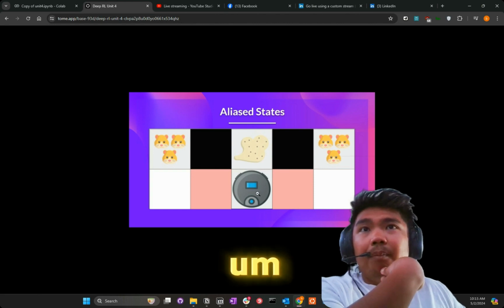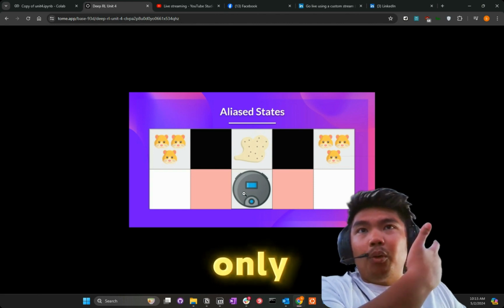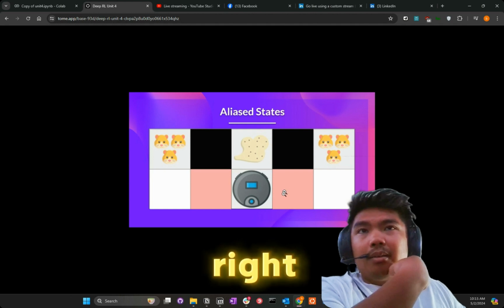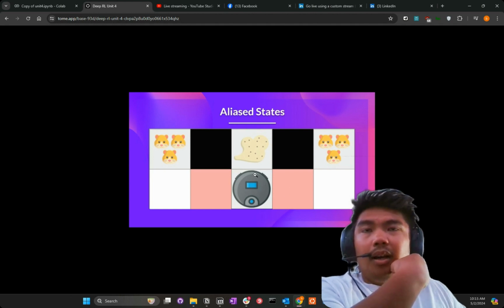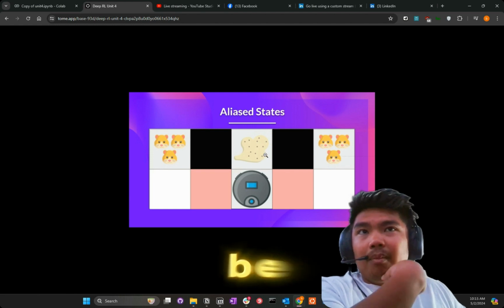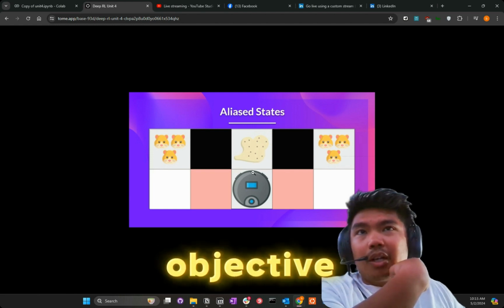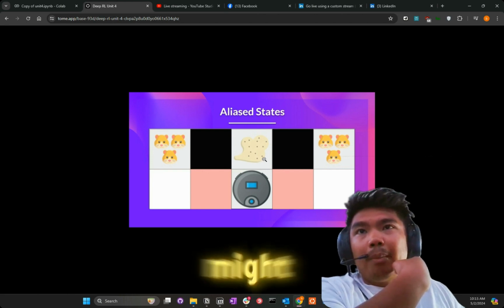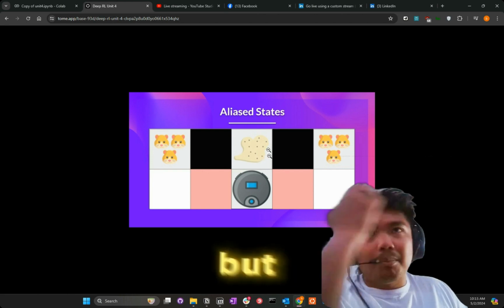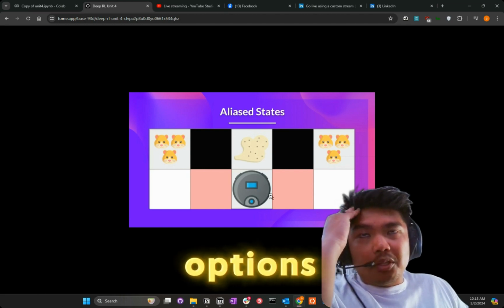We would only be able to go up, left, or right. Clearly if we go up, we already get to the reward. Depending on the objective of this agent, it might just stop there, or it might go on continuously. But the other option is going left.